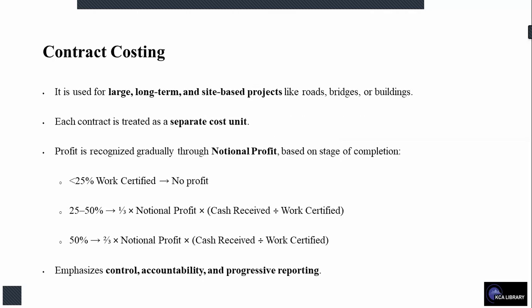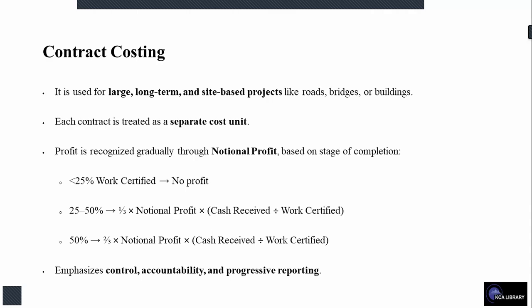Contract costing is used for large, long-term, site-based projects like roads, bridges, or buildings, and each contract is treated as a separate cost unit. Profit is recognized gradually through notional profit, based on stage of completion. For example, at 25% work certified, no profit yet.